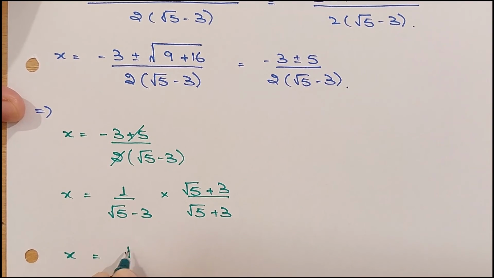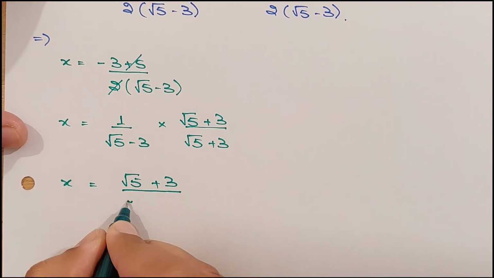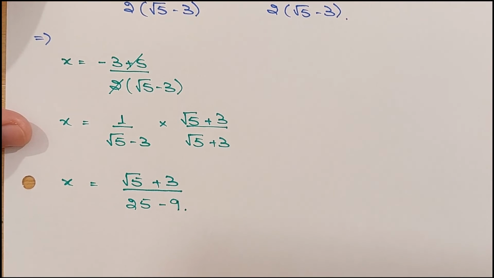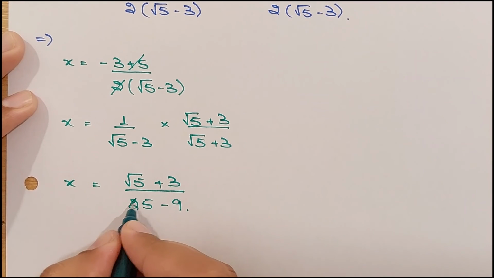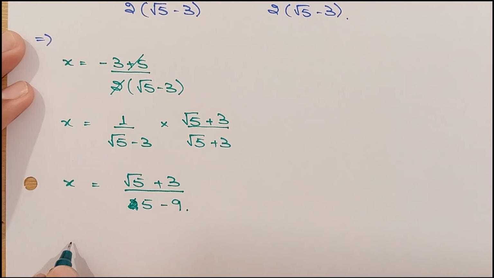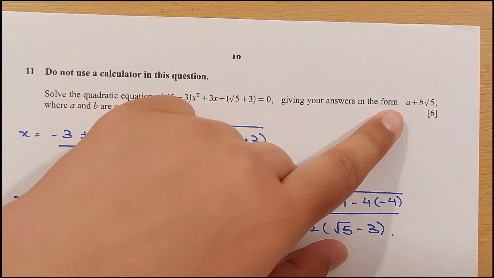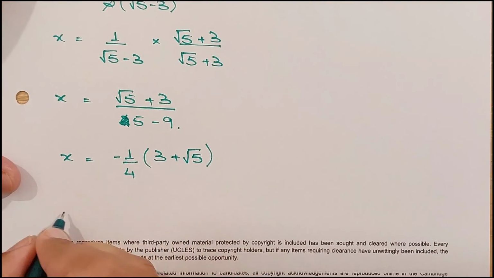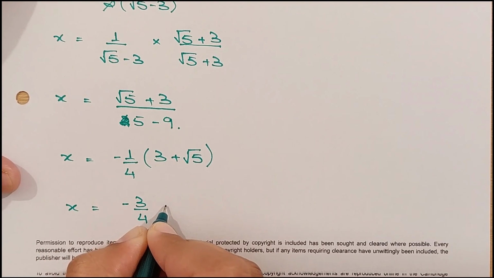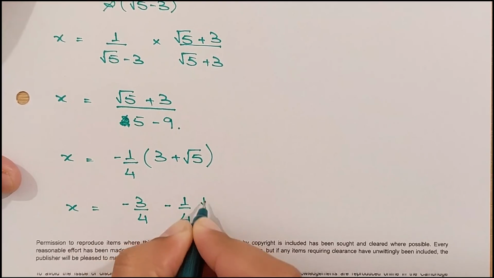So from here x is equal to square root of 5 plus 3 divided by square root of 5 squared, which is just 5, and minus 3 squared is 9. Sorry, this is 5, not 25, and 5 subtract 9 is minus 4. So x is equal to minus 1 by 4 times 3 plus square root of 5. We have to find the answer in the form of a plus b square root of 5. So the a value is minus 3 by 4, and the b value is minus 1 by 4 square root of 5, right?